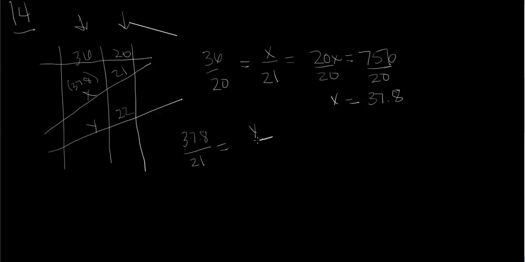That's really not a good idea because this is a value we found, and there's potential that we made a mistake in finding that number. So we should always, if we have the chance, go back and use the original numbers they gave us. So it is considered more acceptable to go back to the original number they gave you, the top transversal, 36 over 20, equal to y over 22.